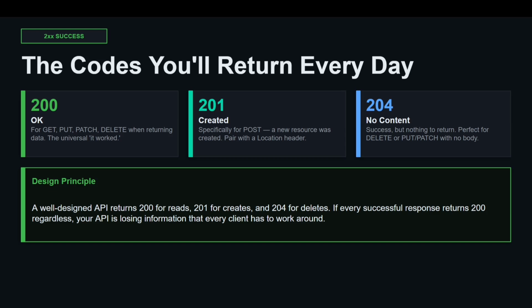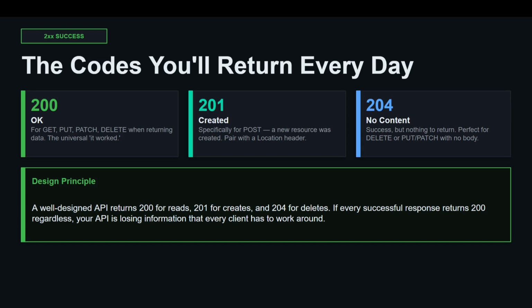That is technically incorrect. Don't say they are all 200. And we have 204, No Content. No Content means success, but there is nothing to return. This is used for DELETE, or for PUT and PATCH when you don't want to send the updated resource back to the client.